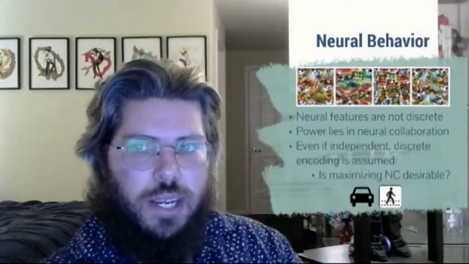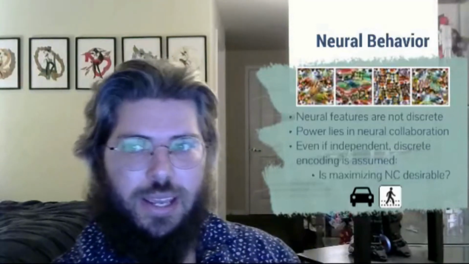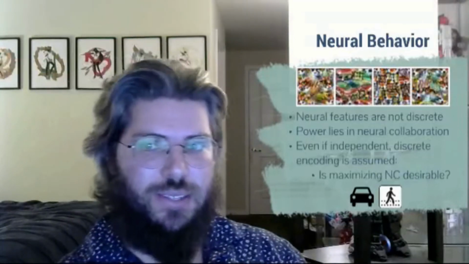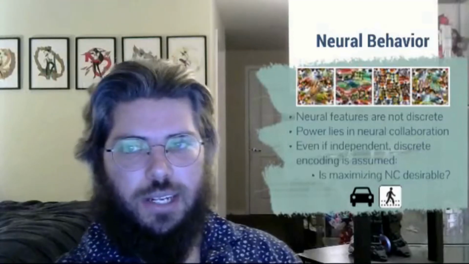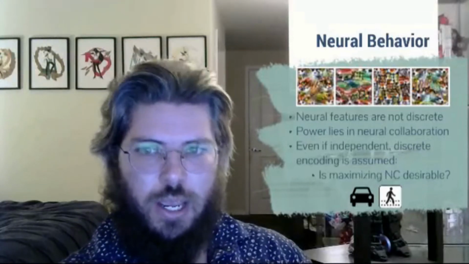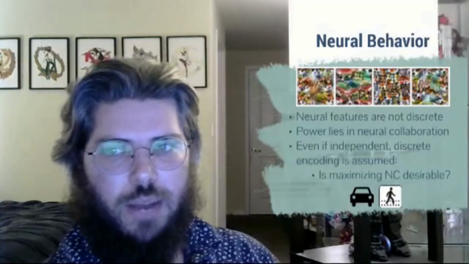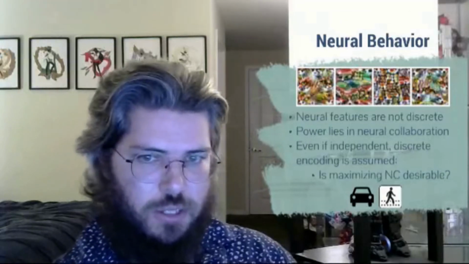Even if we assume independent, discrete encoding of features in the neurons of a DNN, is it still desirable to maximize their activations, that is, maximize neuron coverage? If we think of coverage in a binary sense of activated versus dormant, and each neuron detects some feature in the input, then there are 2 to the n possible combinations of neuron activations in a model with n neurons.